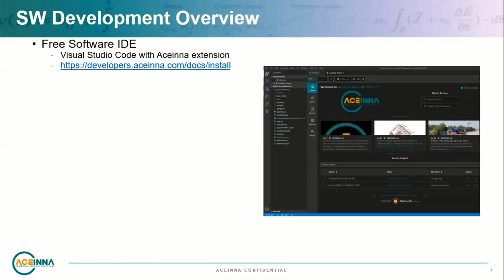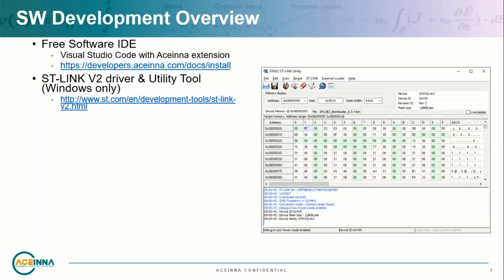Let's look at the free software IDE that is available, which is Visual Studio Code, and you can install the ACEINNA extensions as well. With the ST-Link hardware, you need to install the drivers along with the utility tool, which is used to program the microcontroller with the ready-to-use algorithms that are available.